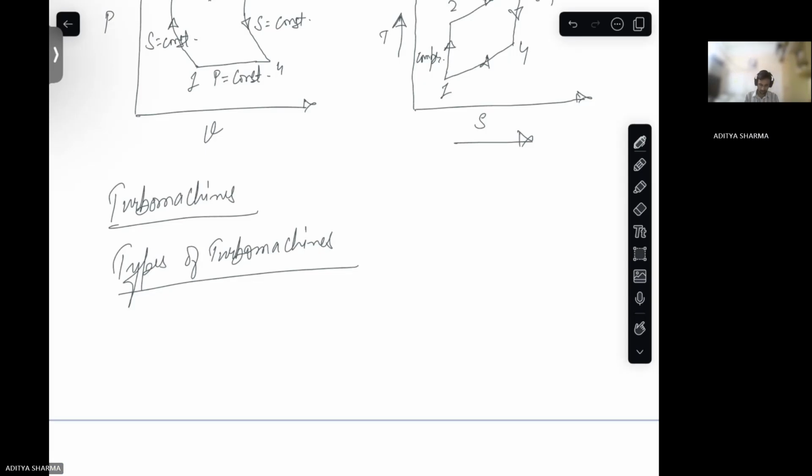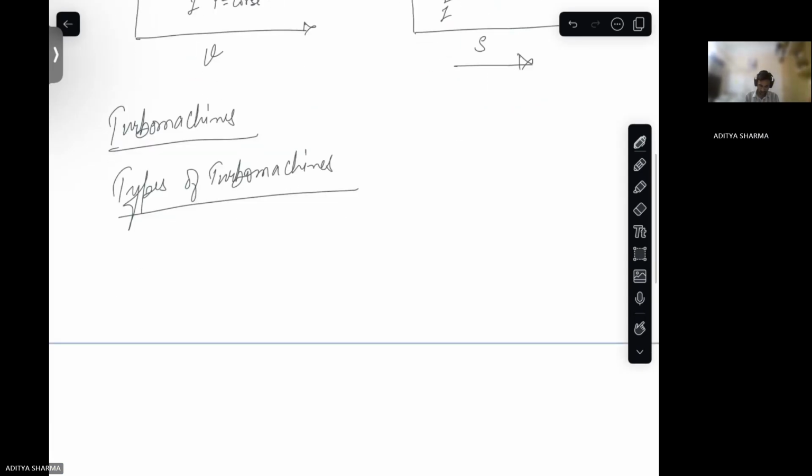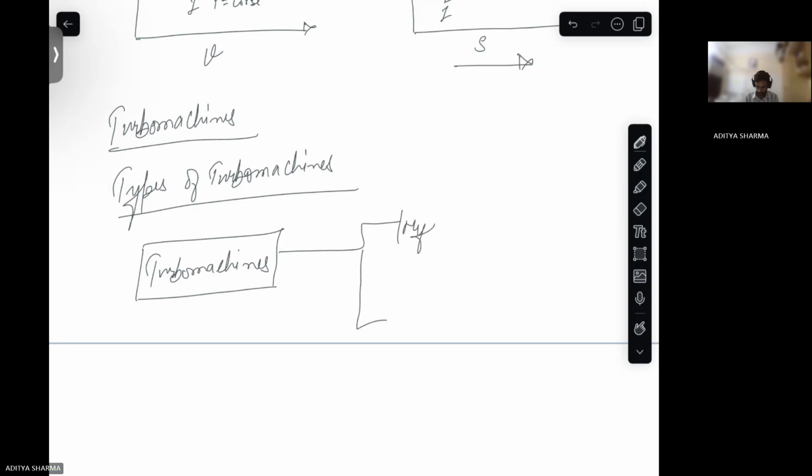So here the categorization has been done this way. One is your water based, one is your heat based. Okay.